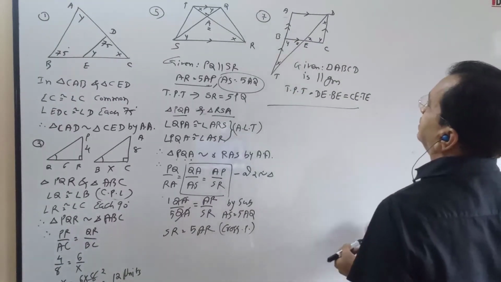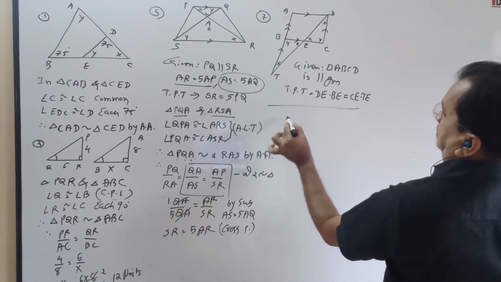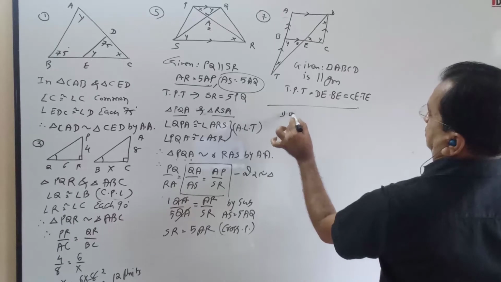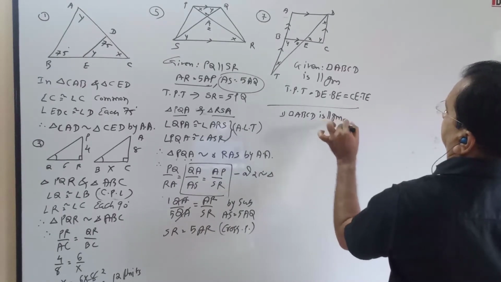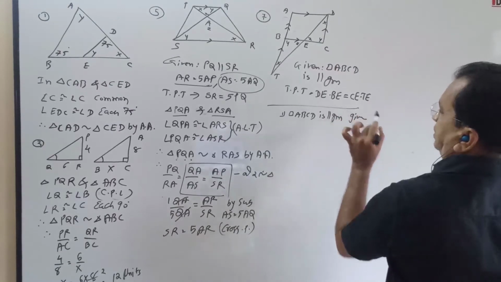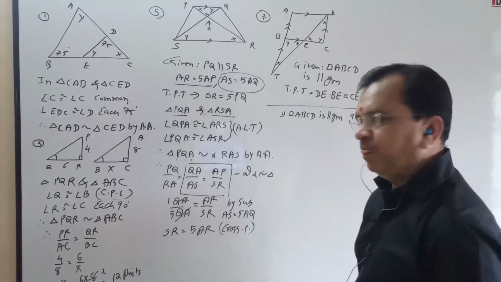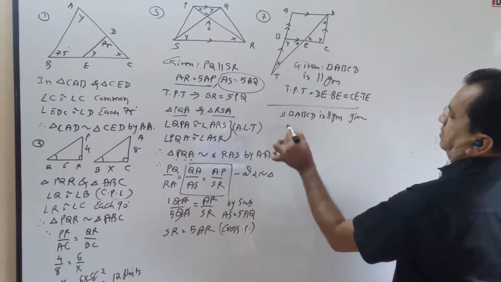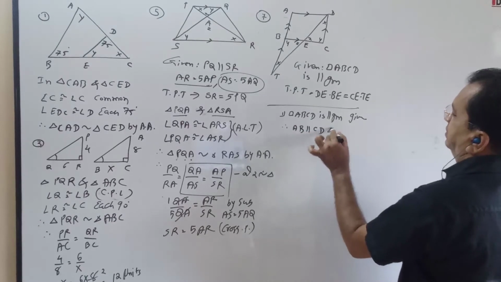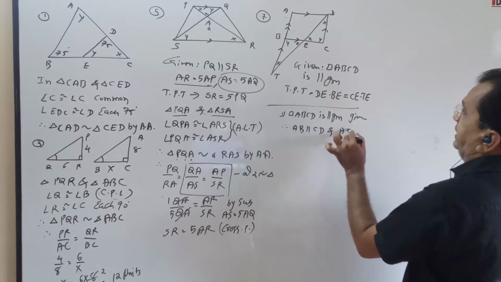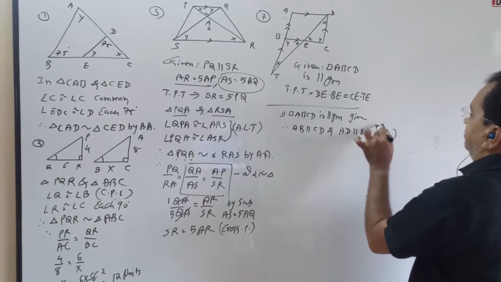First, ABCD is a parallelogram, given. Therefore AB is parallel to CD and AD is parallel to BC, parallelogram.